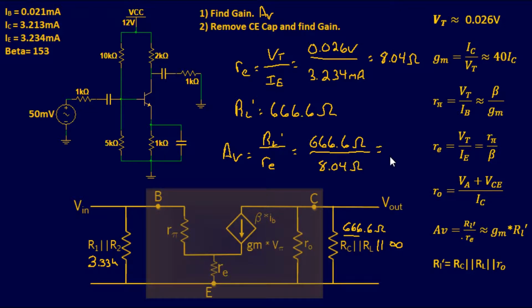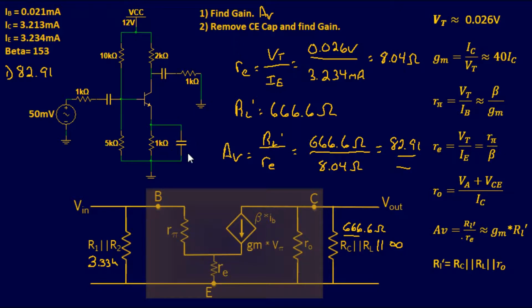And plug and chug that in our calculator, 82.91. And that right there would be our gain. So for number one, we have a gain of 82.91.